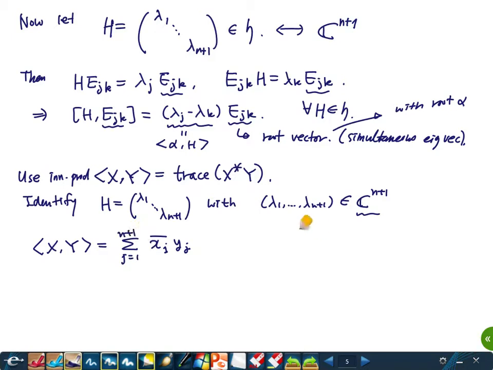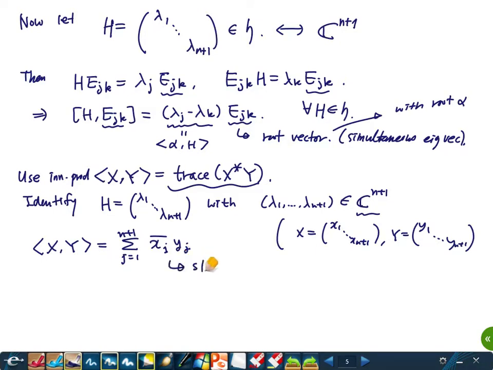Of course, if we are assuming that x is x1, ..., xn+1, y is y1, ..., yn+1, this is exactly the same as this, which is the usual, the standard inner product in C^(n+1). So, which is good.